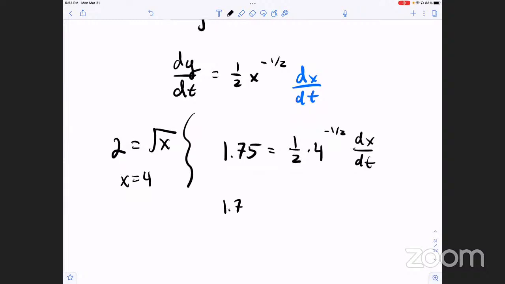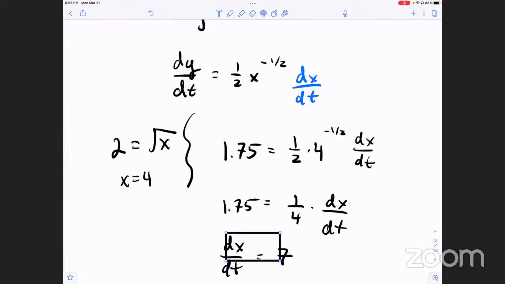So we get 1.75 equals a half times a half, which is a quarter, times dx/dt. Ultimately dx/dt is 1.75 multiplied by 4. Let's see, 1.75 times 4 is 7. So then we get 7.